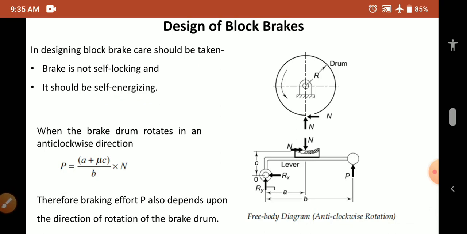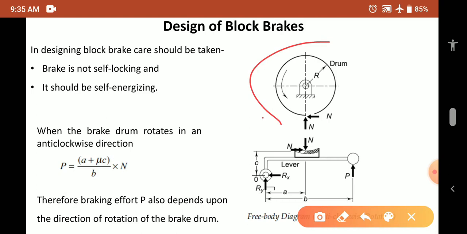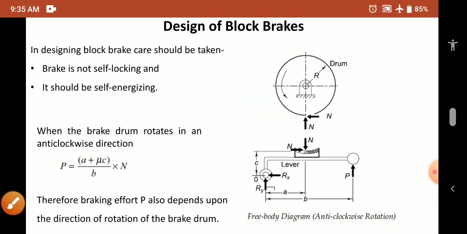We considered this drum rotating in clockwise direction, but when this drum is rotating in anti-clockwise direction, the forces are shown here in this case.